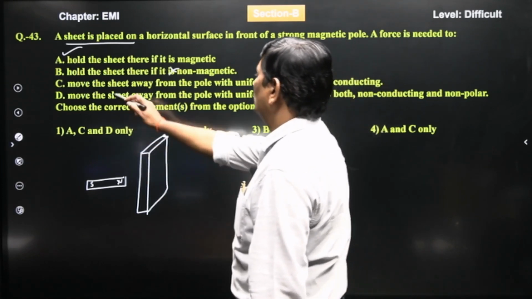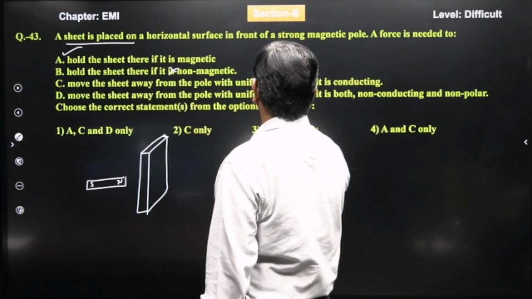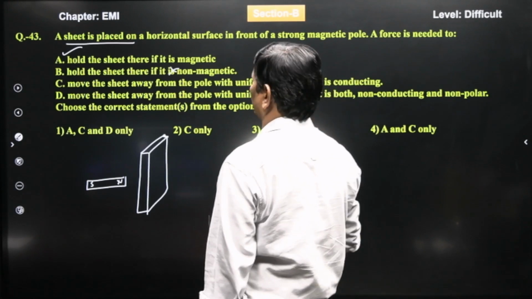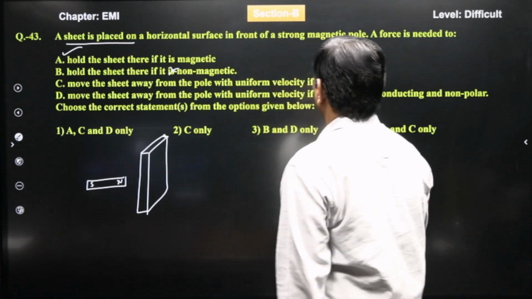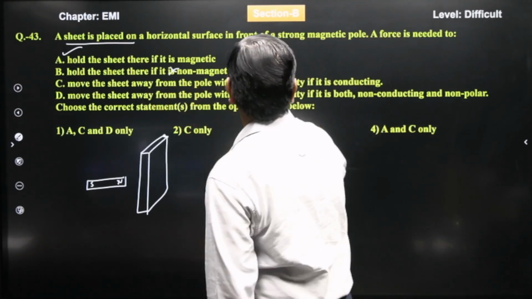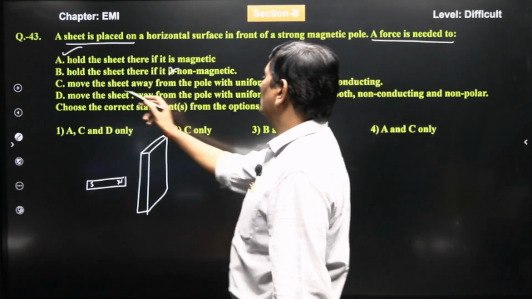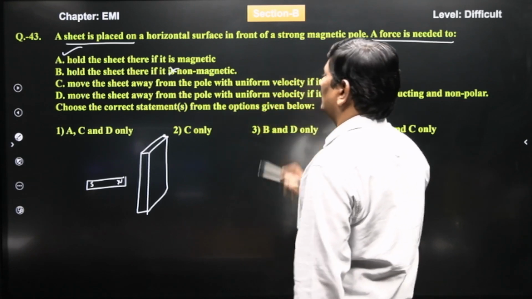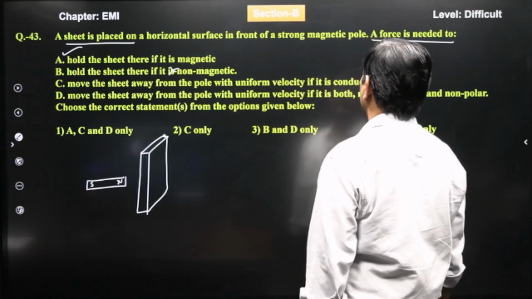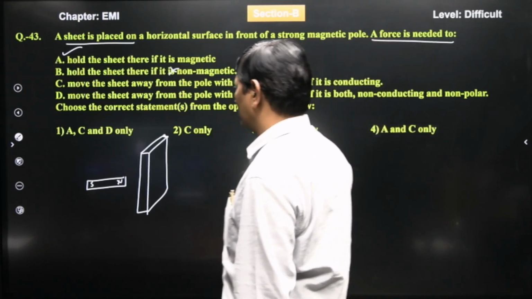Next one: move the sheet away from the pole with uniform velocity if it is conducting. A force is needed to move the sheet. Read combinedly: a force is needed to move the sheet away from the pole with uniform velocity if it is conducting. That is the interesting point.